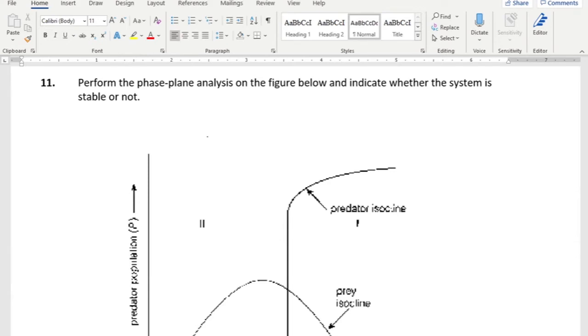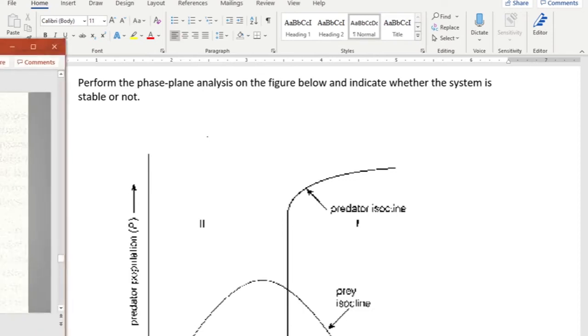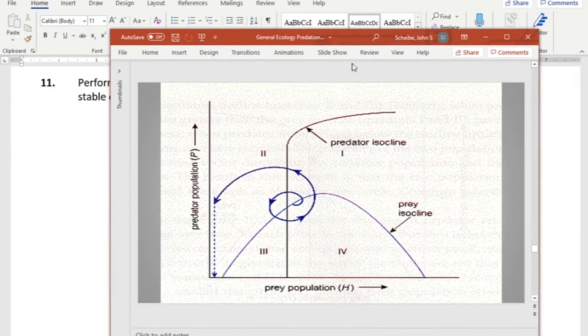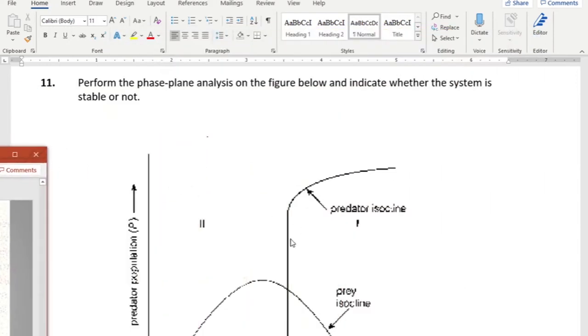So what happens under those circumstances? Well, if you'll recall, the alternative circumstance was where the predator isocline was to the left of the hump, right? Then you had a system that cycled to extinction. The alternative, when this one is off to one side, is that it's going to cycle back into the stable point.